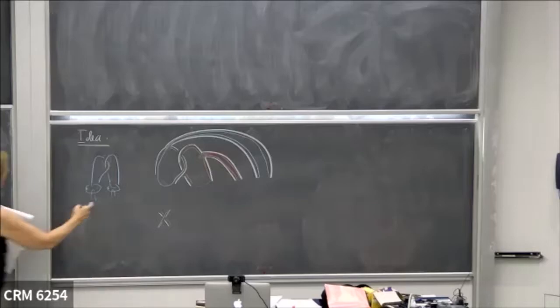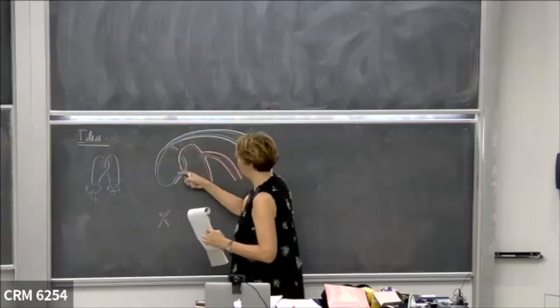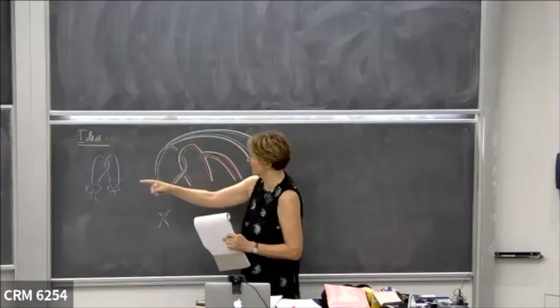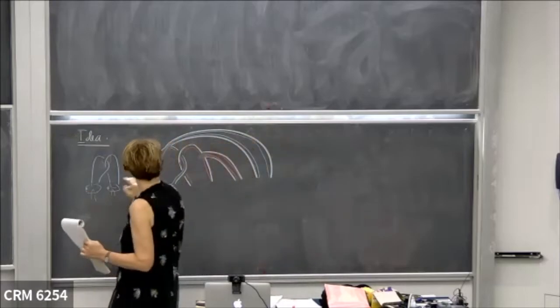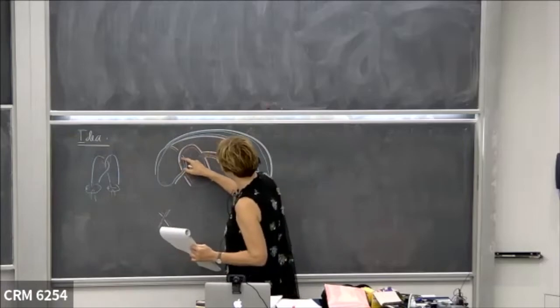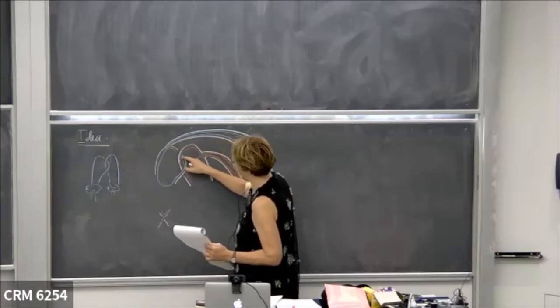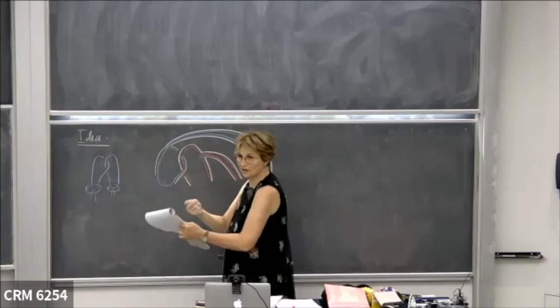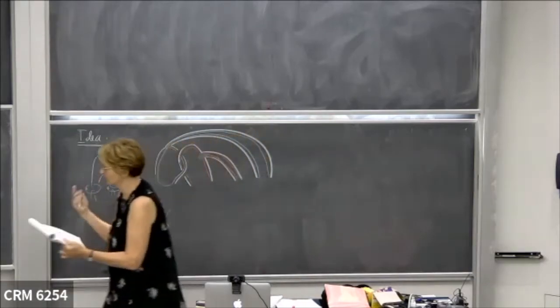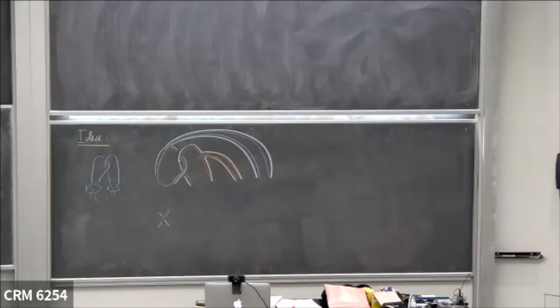In this case, it's exactly this element which I will associate. However, in this situation, I change. So this blue one is over the red one. So I change the crossing on the doubling of the original component.